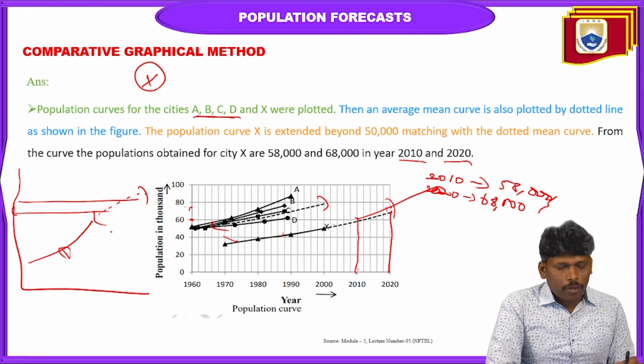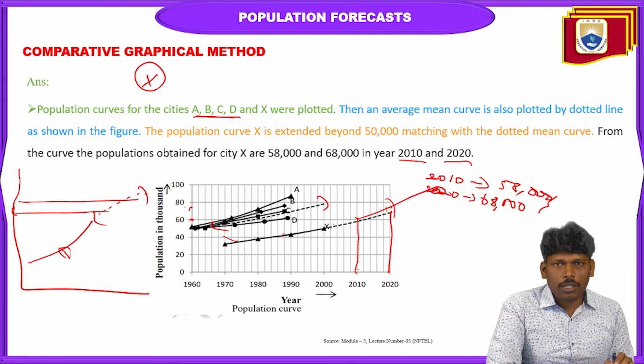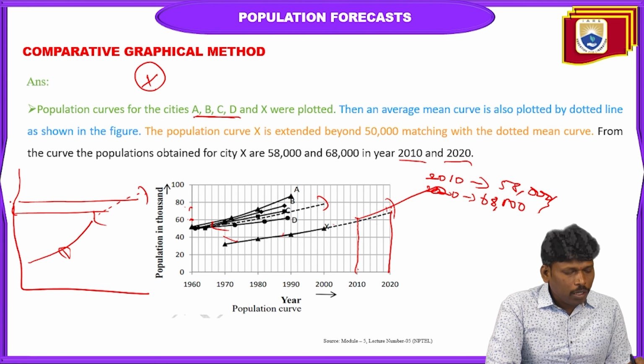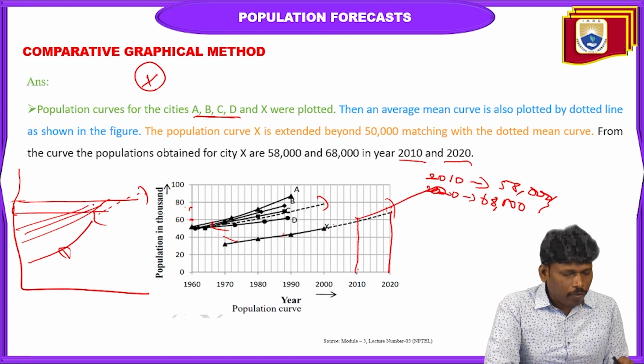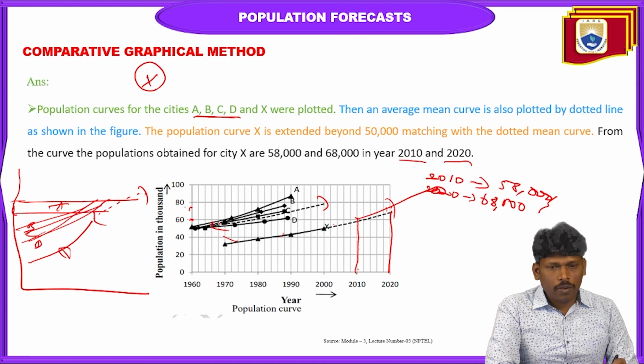We can get the population of our city, then we can fix the population, because fixing the population for n decades is very important. That is actually called the design period. In the comparative graphical method, we compare the extended curve from the graphical method with the other four cities A, B, C, D. Then you can easily see the difference between these two.